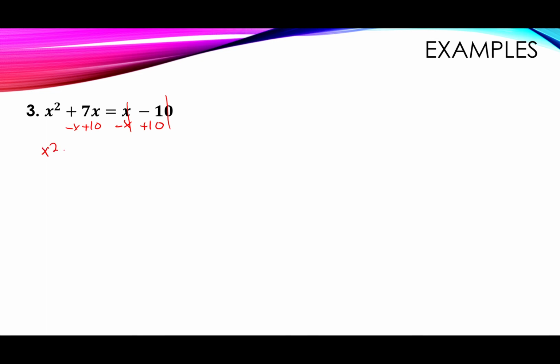X squared plus 6x plus 10 equals 0. Okay. Quadratic formula. Negative b plus minus square root b squared minus 4ac over 2a.